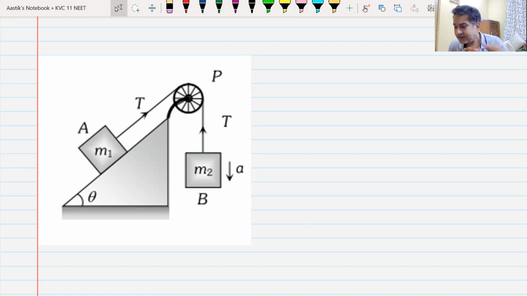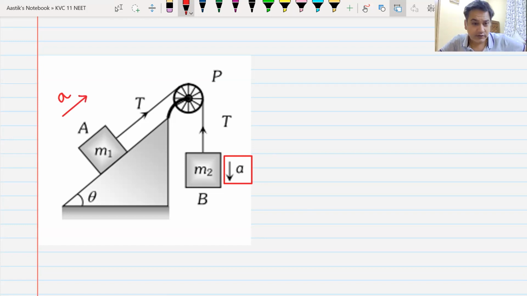Let us say that it is given that this system is moving downwards like this. Do you see this acceleration of the system here? It is given as downwards here. So this block is definitely moving downwards. That means this block will definitely move upwards with the same acceleration. Yes or no?